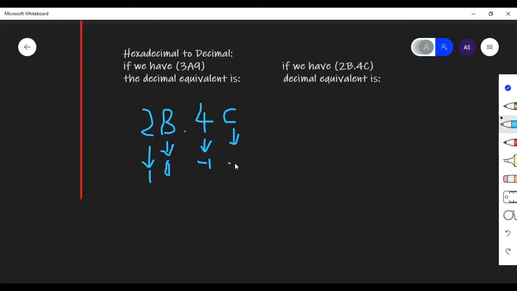So what is the value of B? We know that since A is 10, B will be 11. So 11 into 16 to the power 0, plus 2 into 16 to the power 1.